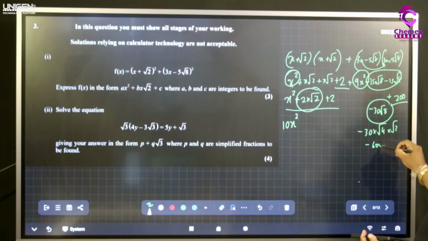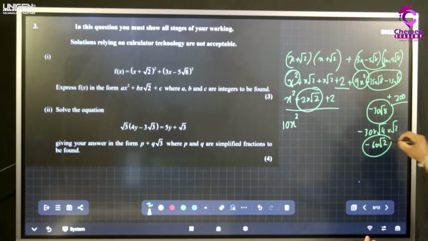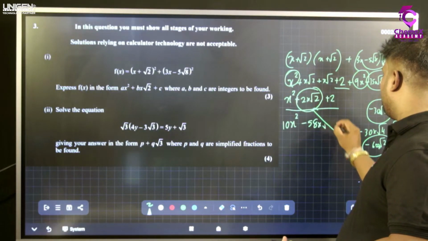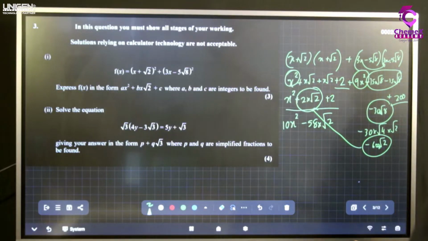Root 60, right? So what do you get when you add them? Minus 58 root 2. No, I forgot the x. Yes, minus 58x root 2. Then plus 202.